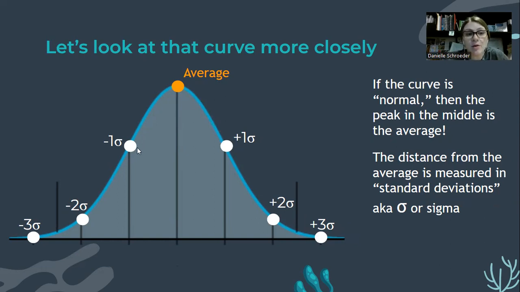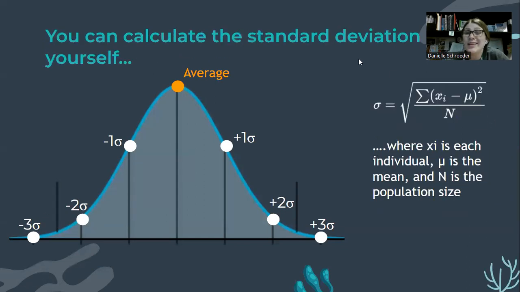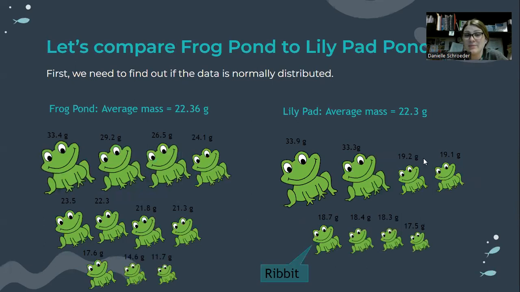Or if you're really small, you might be -1 standard deviations away, -2 or -3, okay? You can actually calculate the standard deviation for yourself, and we did that for these organisms, but we're not going to do that today, okay?